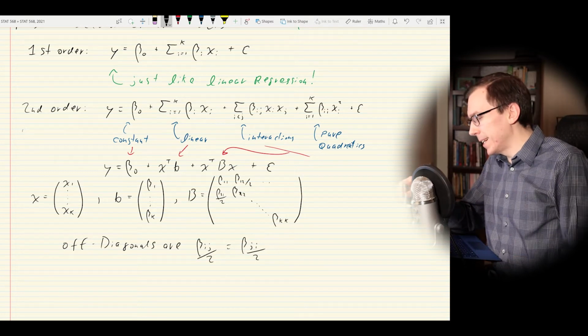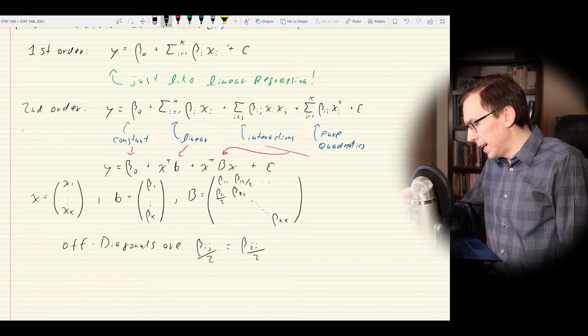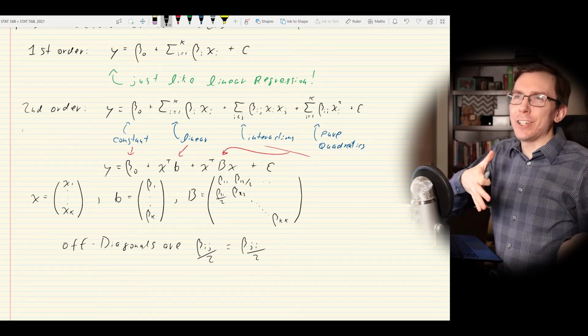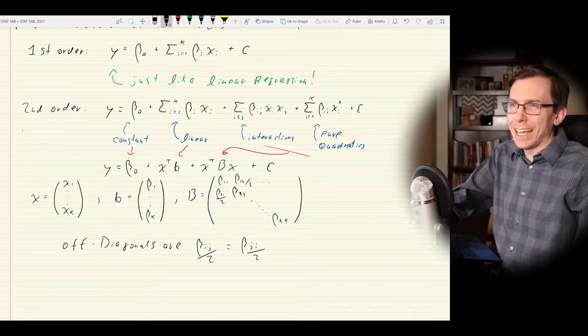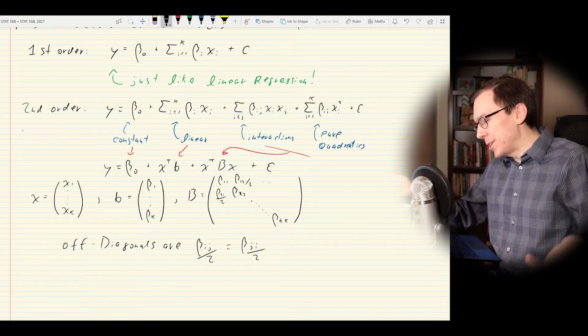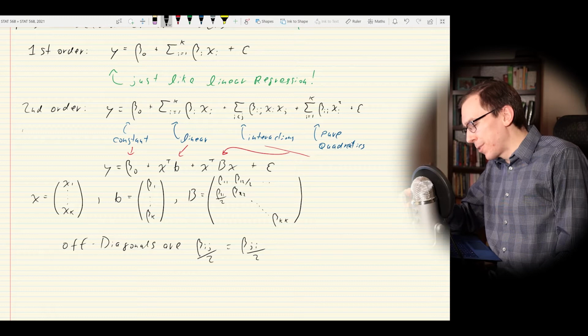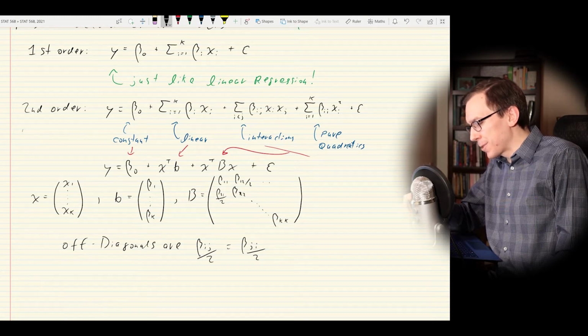The reason is because if we multiply on the left and on the right by x in this quadratic form style, then we'd end up adding each term twice, and up here we just have a beta ij. So what we really want is beta ij over 2 plus beta ij over 2, so that we just end up with a beta ij. If you actually write out the quadratic form, you kind of see how the two terms combine.